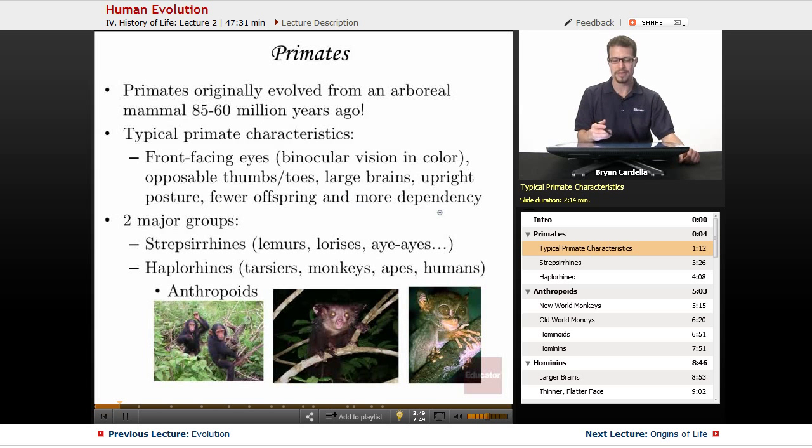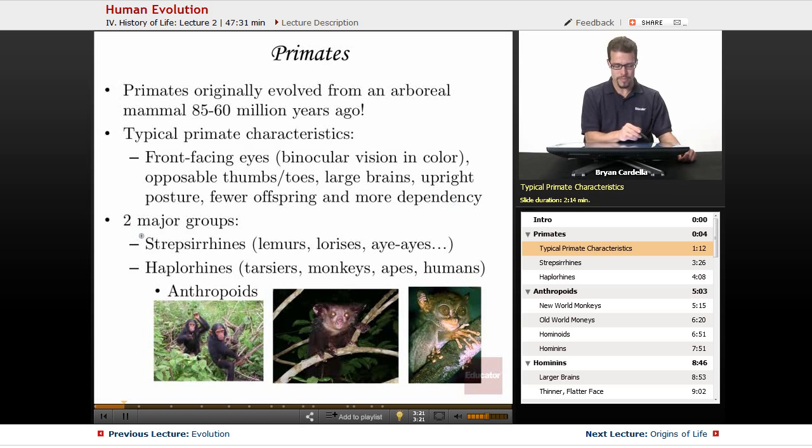Fewer offspring and more dependency, meaning compared to other individuals in our class, the mammalian class, we have fewer babies per time we mate, and you get more dependency of the offspring on us. So there's a lot more maternal care that tends to happen with primates compared to other mammals and certainly other vertebrates.